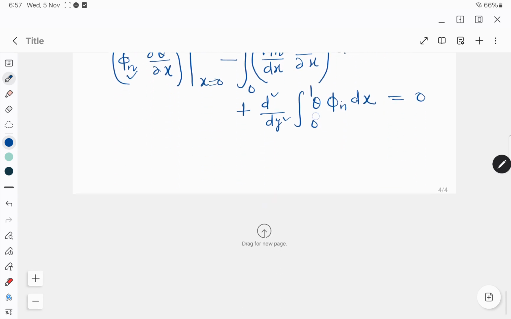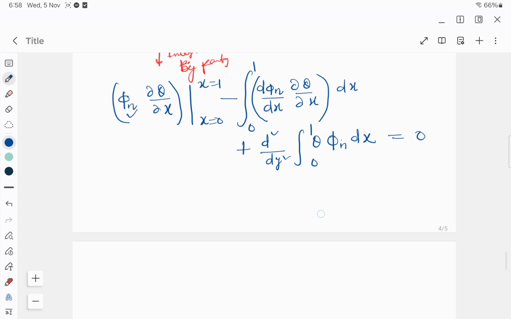Now let us proceed further and get the values. So del theta over del x and phi n we have to evaluate, obviously.